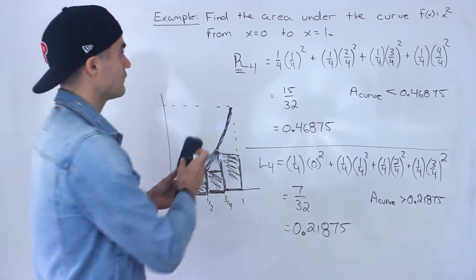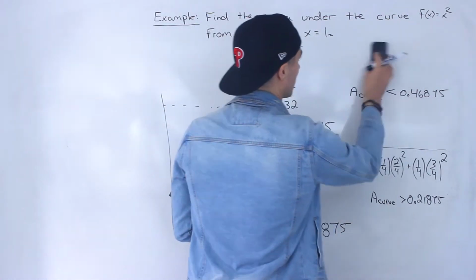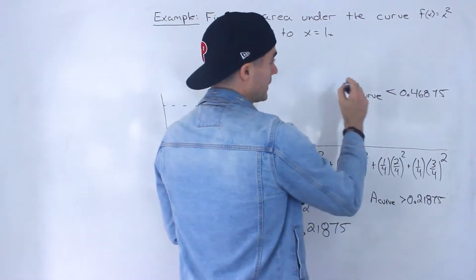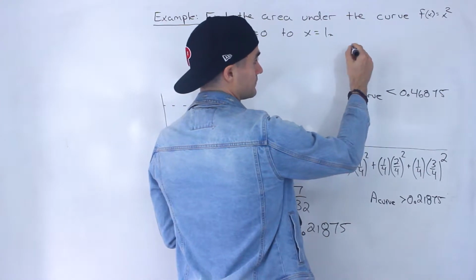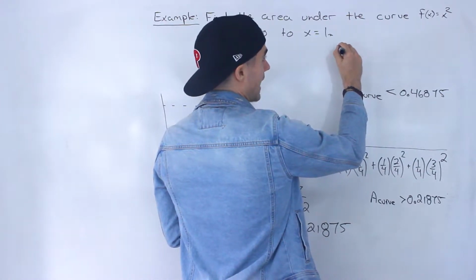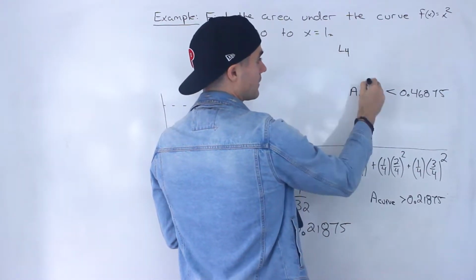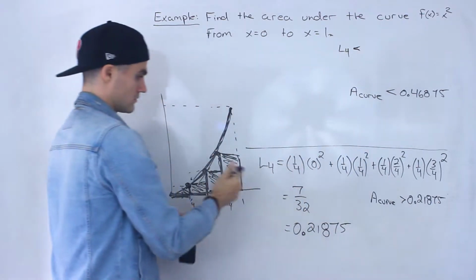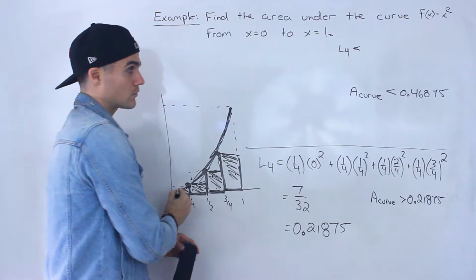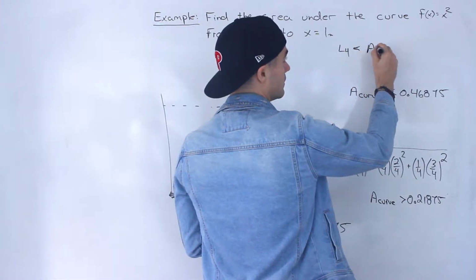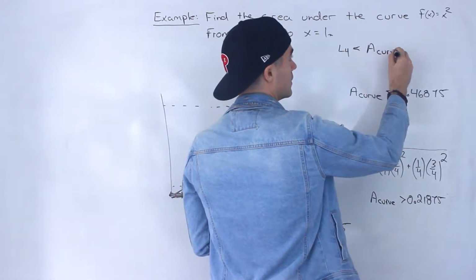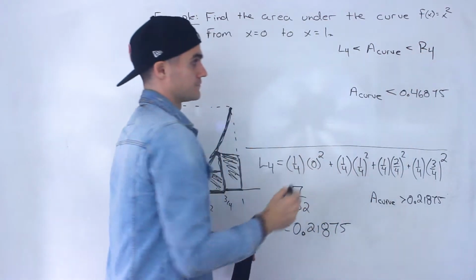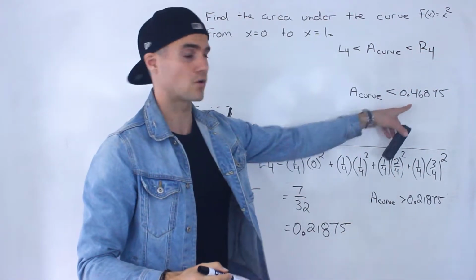And so with all of this, let me erase all this here. Let's put a little summary. What we can say is that the area under the curve is going to be greater than L4, the area of these 4 rectangles, but it's going to be less than R4, which is this over here.